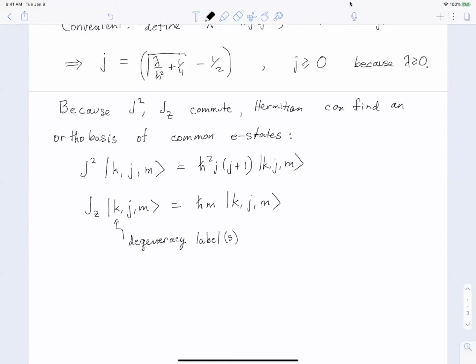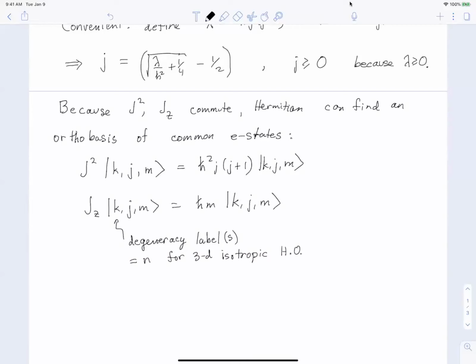But just for example, this would be for the harmonic oscillator in 3 dimensions. This is what we called n. It's the energy level. So for the 3D isotropic harmonic oscillator, we had this other label that turned out to be the energy.